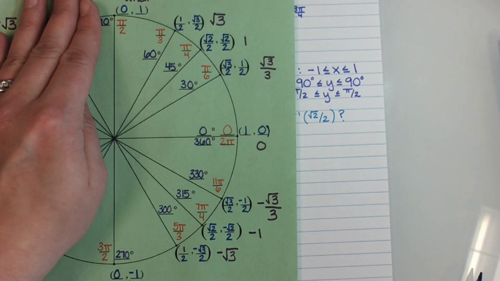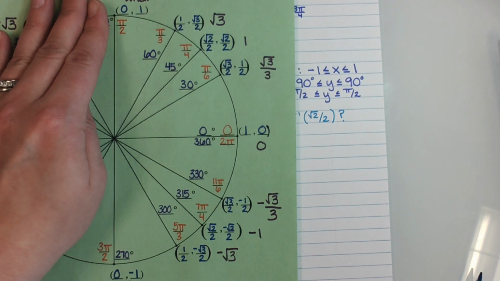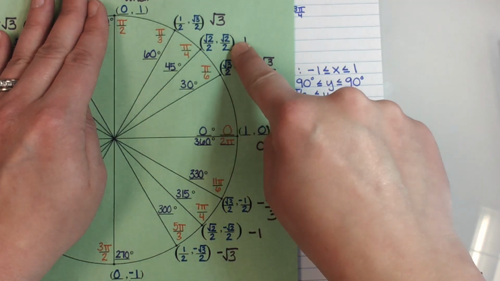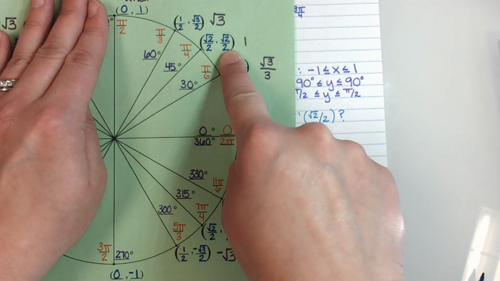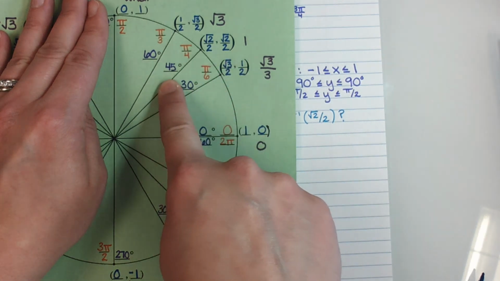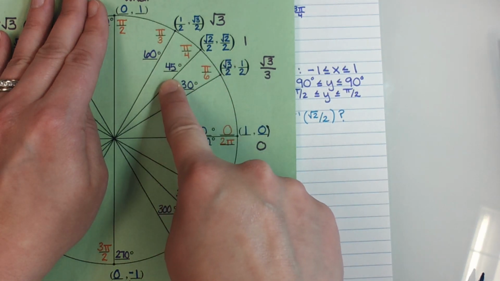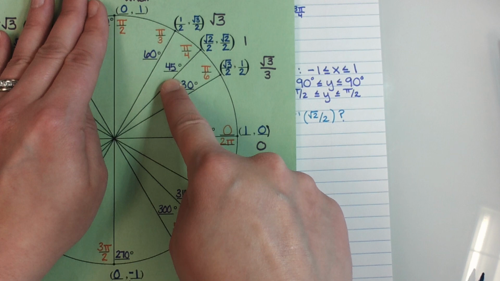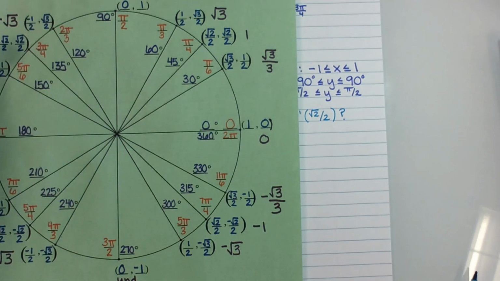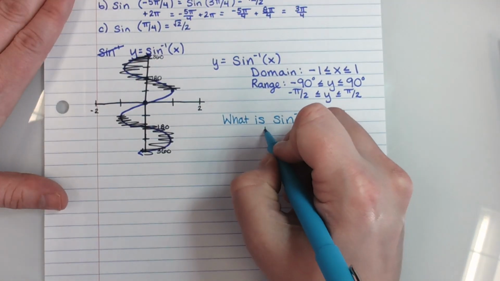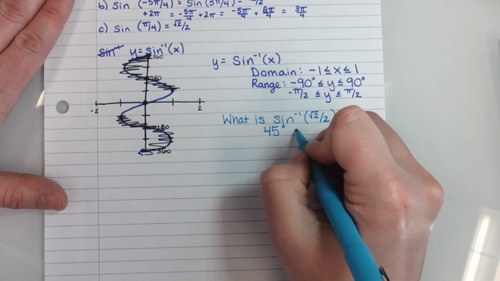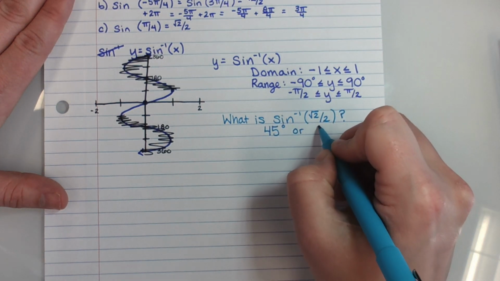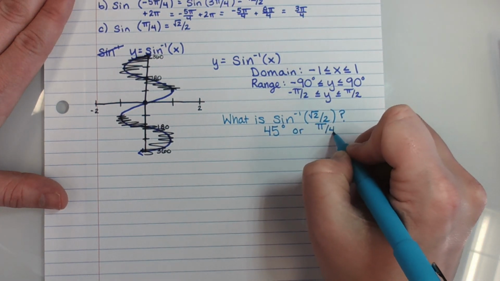What angle? 45 degrees. Because sine is the y values, and the y values are square root of 2 over 2 right here at 45 degrees. Because everywhere else on the unit circle is not within the proper range. 45 degrees, or if you were working in radians, that would be pi/4.